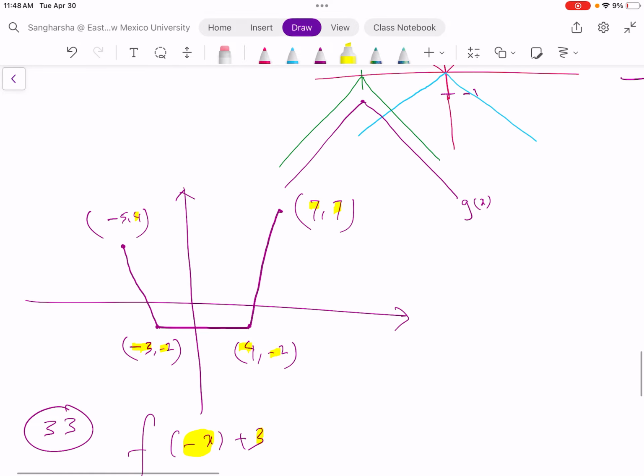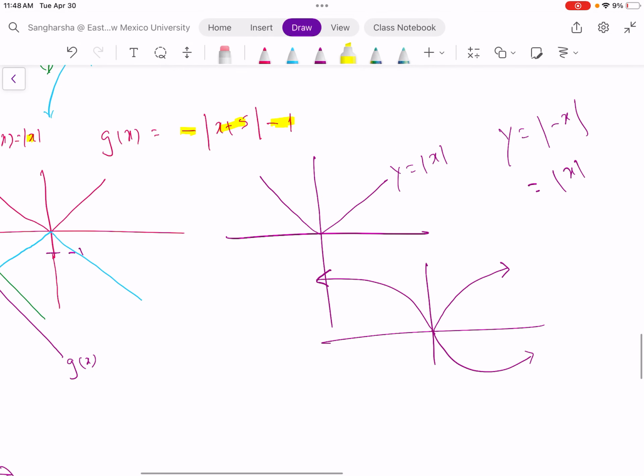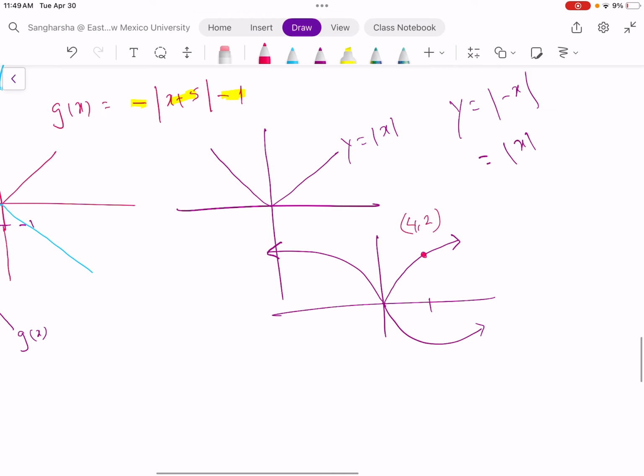Now let's go back here. For example, let me take this point. The coordinate of this point is 4, 2. When we reflect this point across the x-axis, what would be the coordinate? The x coordinate remains the same, and the y coordinate changes its sign.